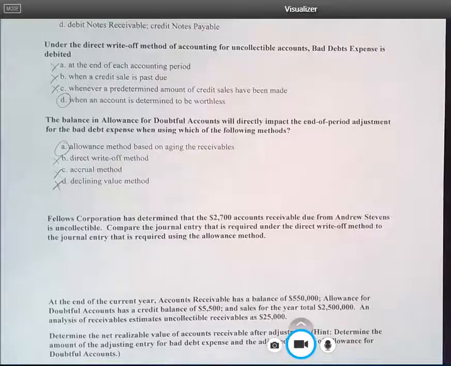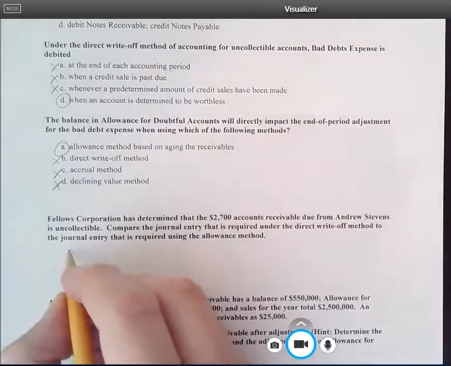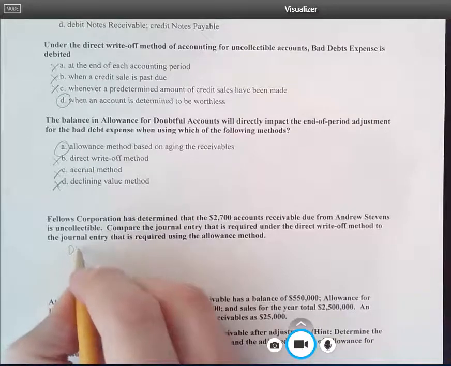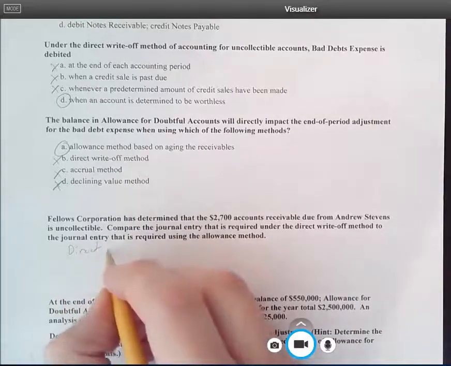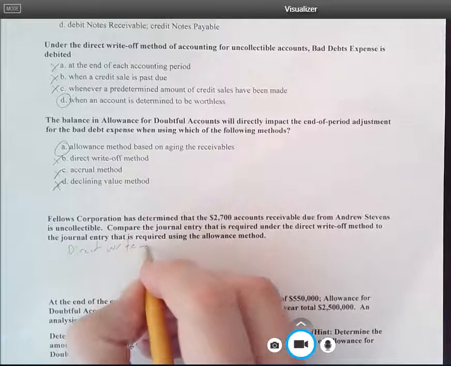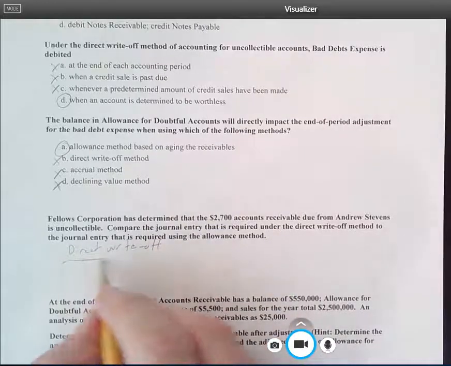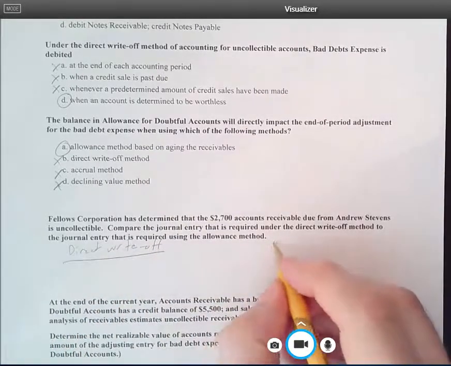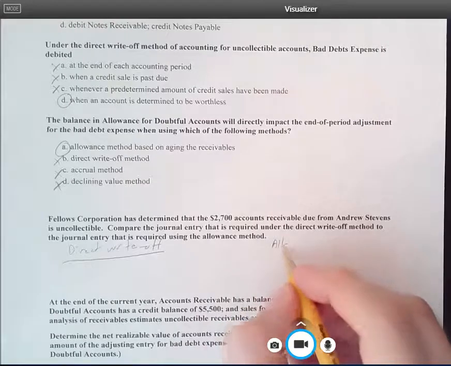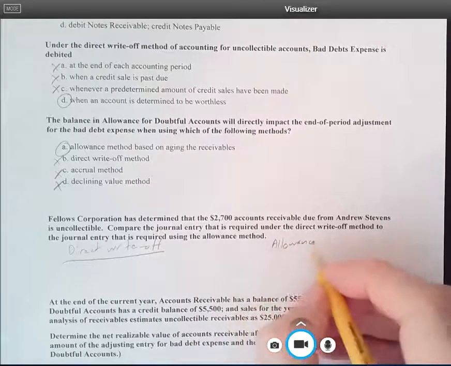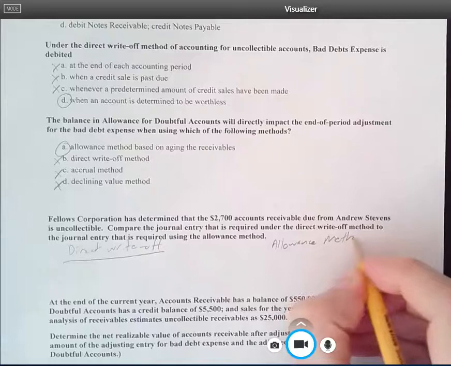Okay, so let's do this. Let's have a direct write-off right here, and then let's put the allowance method over here.